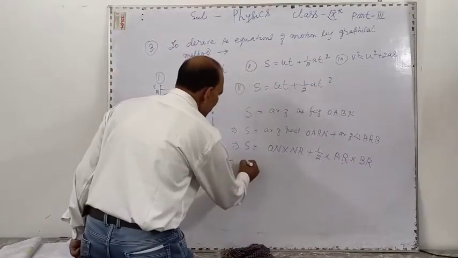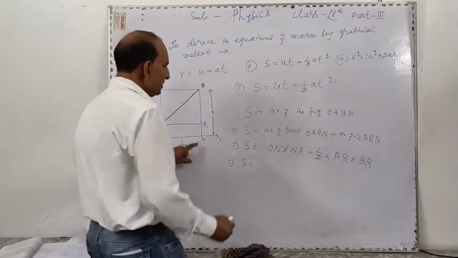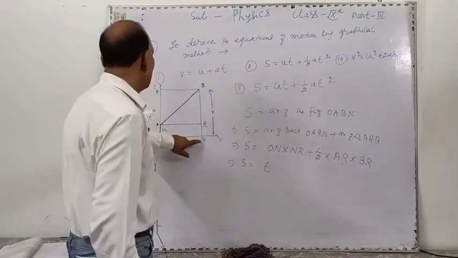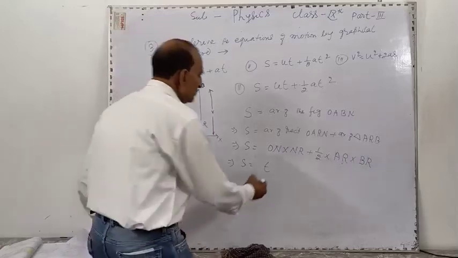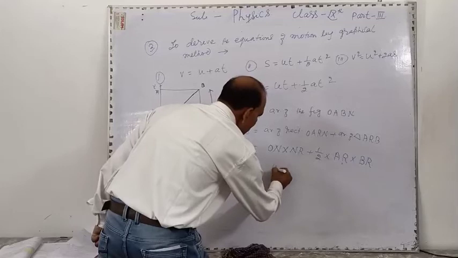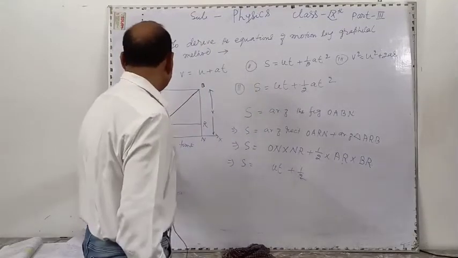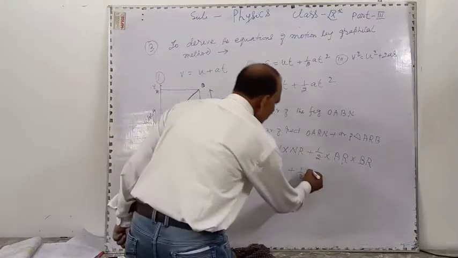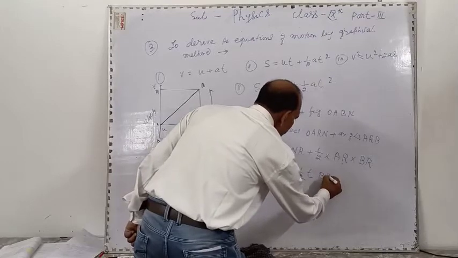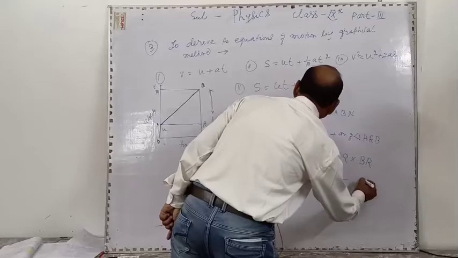Here S is equal to ON, that is T, into NR, that is U, that is UT, plus 1 by 2 AR, that is T, into BR. Equation first.